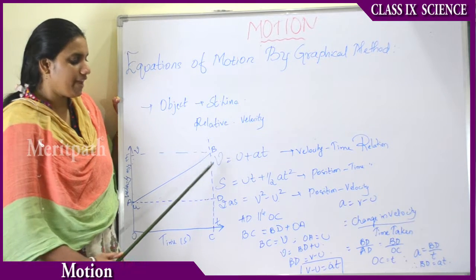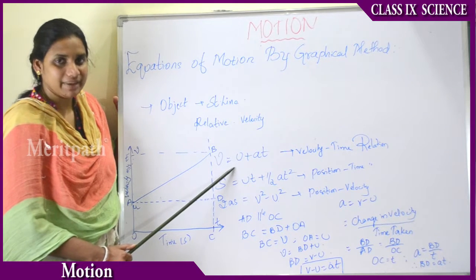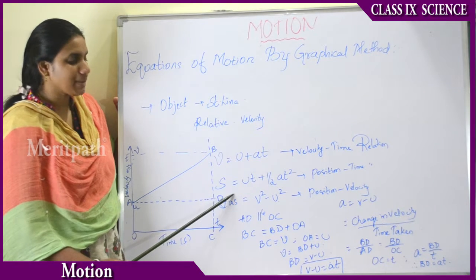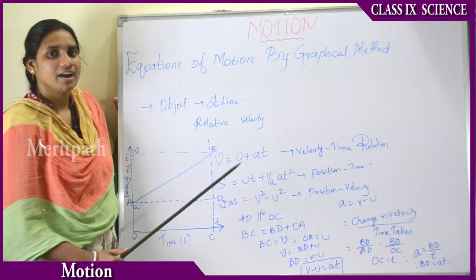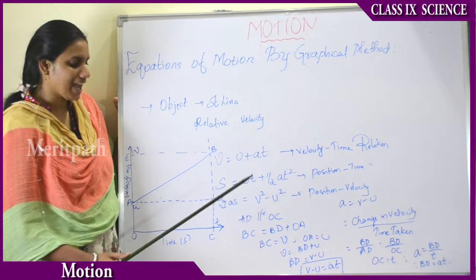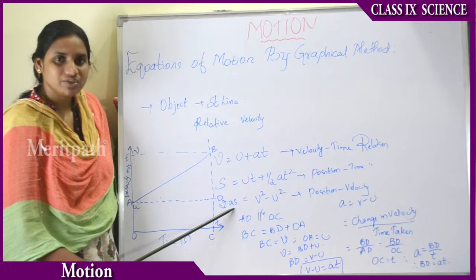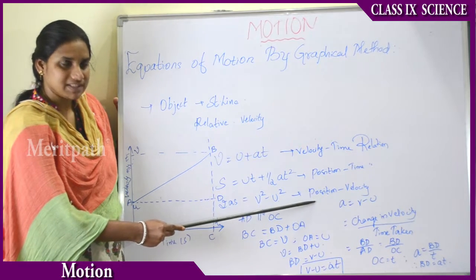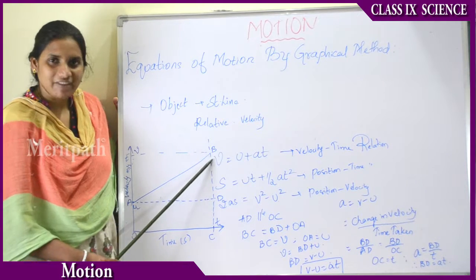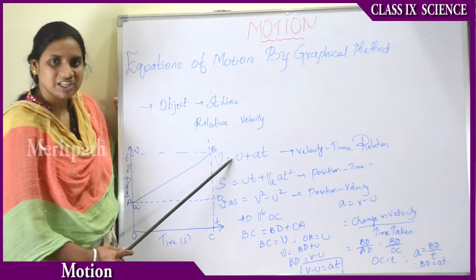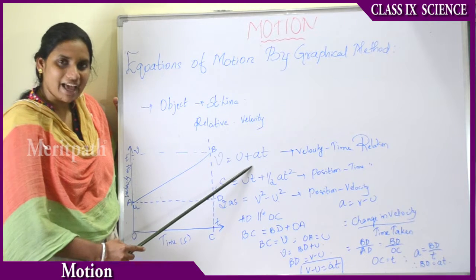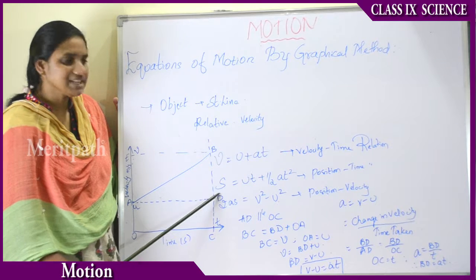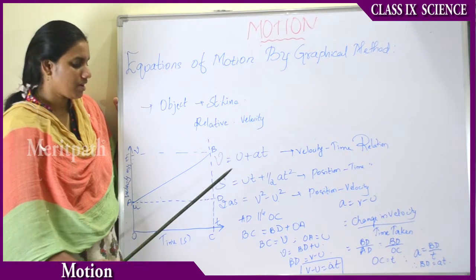That is, v equals u plus at will be the velocity and time relation, s equals ut plus half at square will be the relation for position and time, and v square minus u square equals 2as will be the relation between position and velocity. Here v is the final velocity, u is the initial velocity, a is the acceleration, and t is the time taken. Now s will be the displacement.